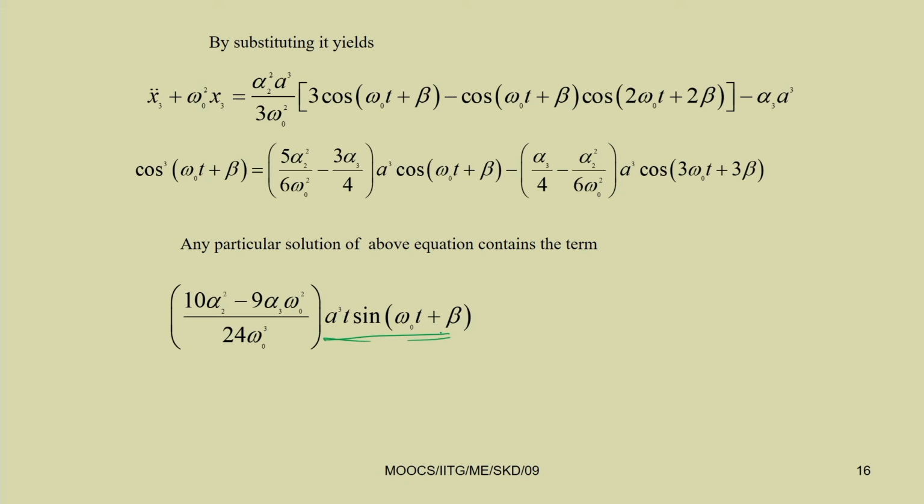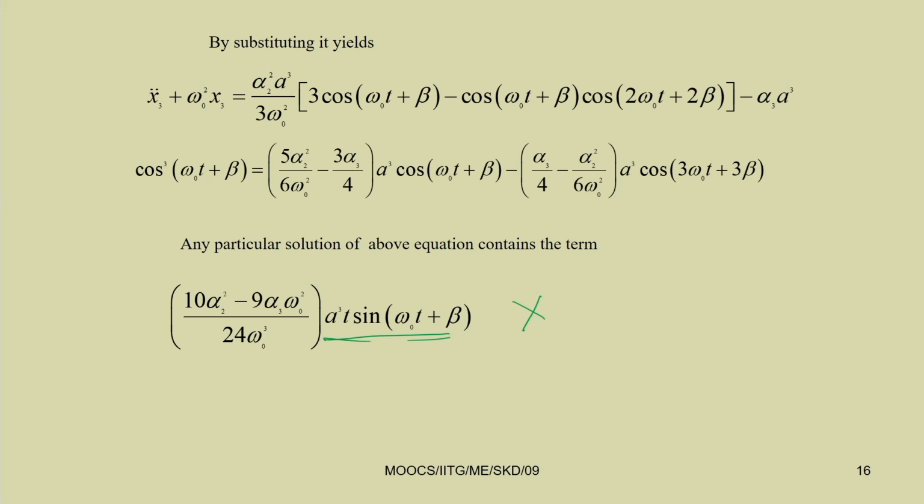As t tends to infinity, this expression, that is x3, tends to infinity also, but the solutions are bounded. So, this type of solution is not feasible, and that is why one has to modify this equation, or modify this straightforward expansion procedure, to find the solution.